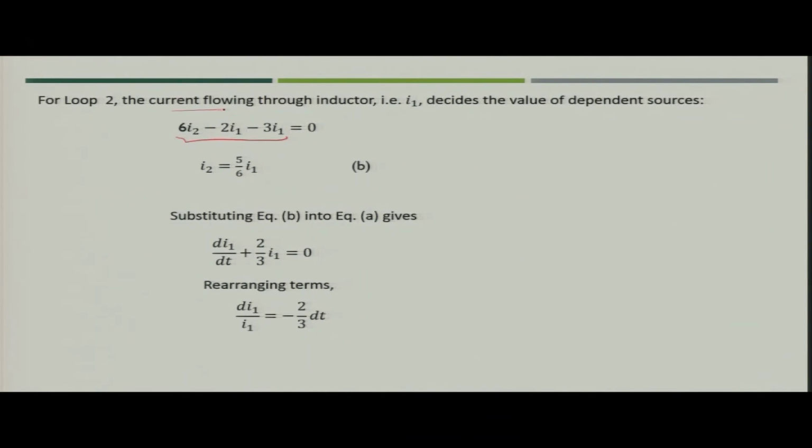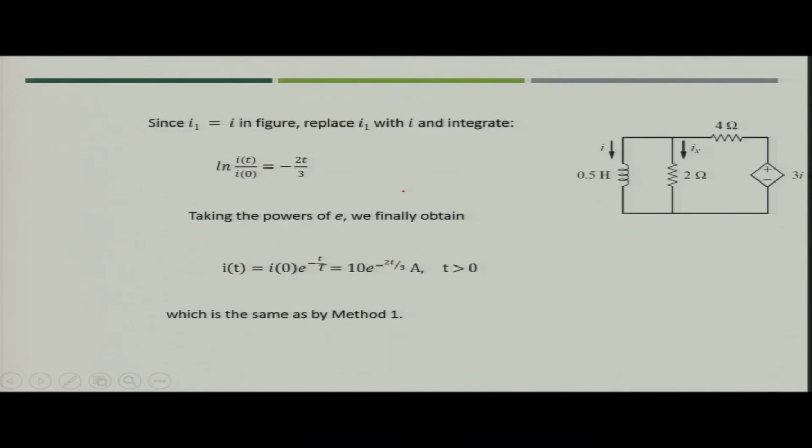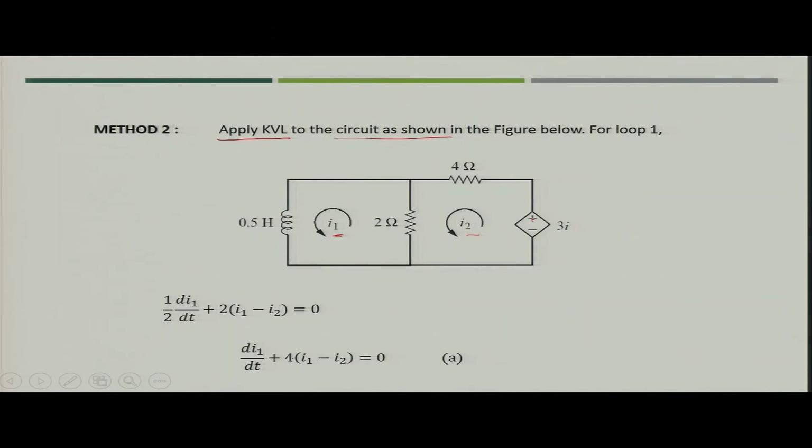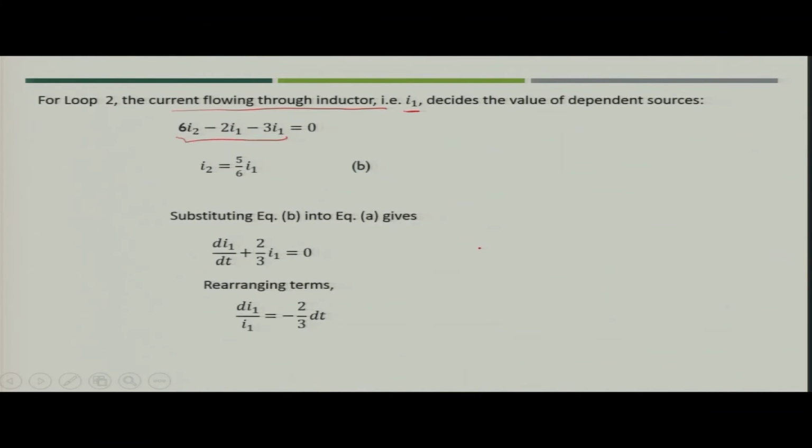Since the current flowing through the inductor is I1, the value of the dependent voltage source will be 3 I1. That is why we get the loop equation for the second loop as 6 I2 minus 2 I1 minus 3 I1 is equal to 0. So, what we get here is I2 is equal to 5 by 6 I1.